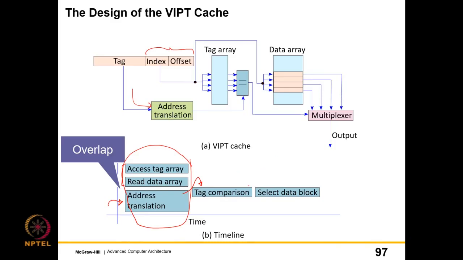Then I do the tag comparison and select the appropriate data block. This part is the same. What is different is the earlier part, where I was able to save one cycle by creating an overlap. The reason I could create this beautiful overlap is that the tag part of the access came from the mapping phase.